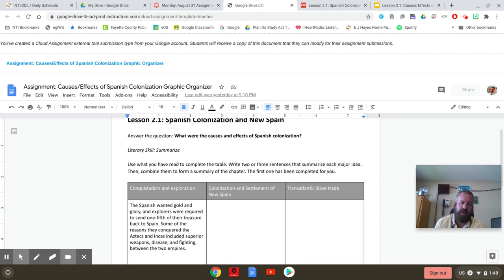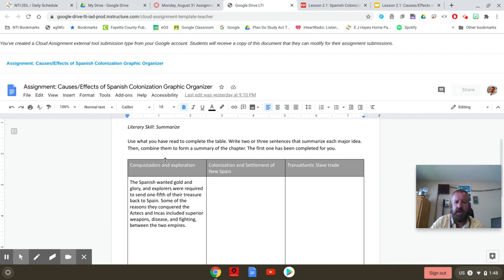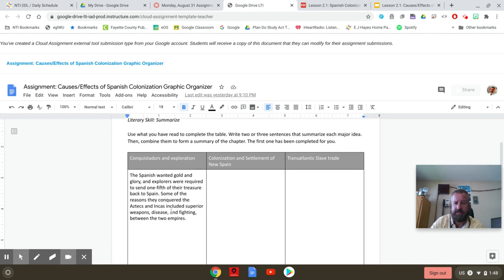If it takes a few more, write a couple more, because some of those sections might be a little bit longer. That summarizes the main idea. And remember, I showed you earlier in the presentation, those 3 guiding questions. Those are the questions that you're trying to answer. So we already gave you what the summary for the conquistadors and early exploration was. It's already here. You don't have to do that one.